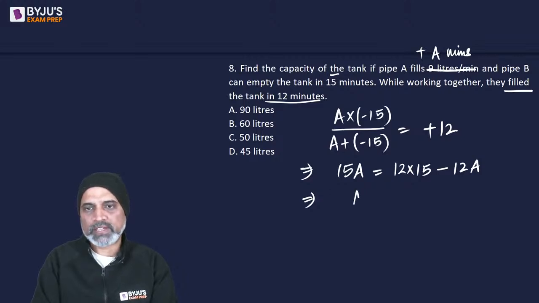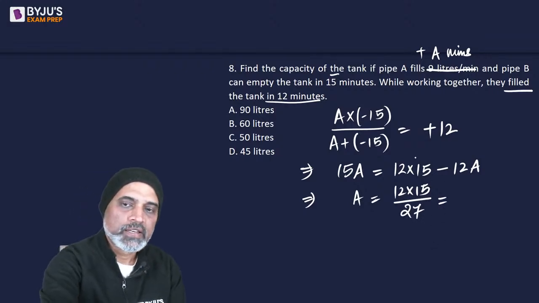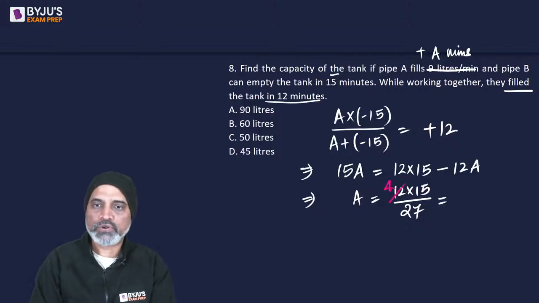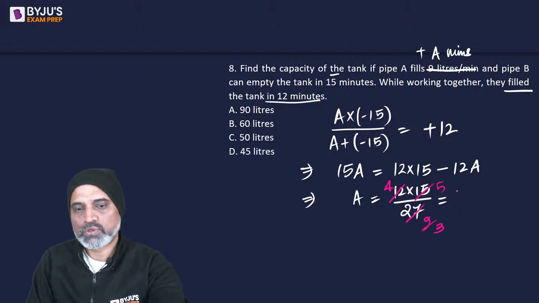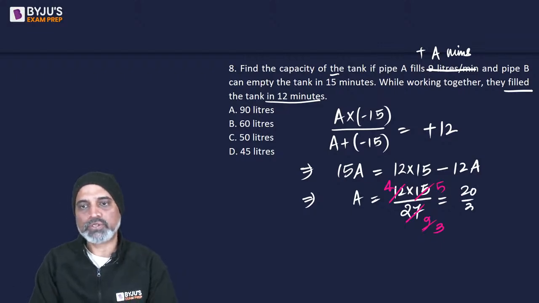So from here, I will get the value of A as 12 into 15 divided by 15 plus 12, which is 27. So this results in, 12 by 3 is 4, 15 by 3 is 5, 27 by 3 is 9, so it results in 20 upon 3 minutes.